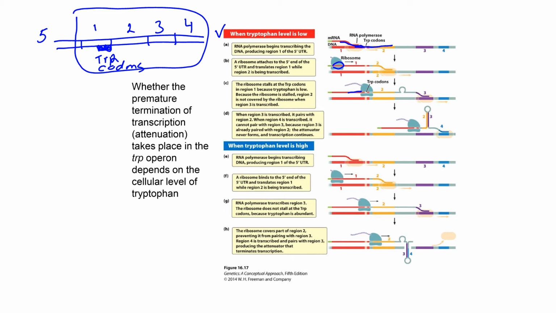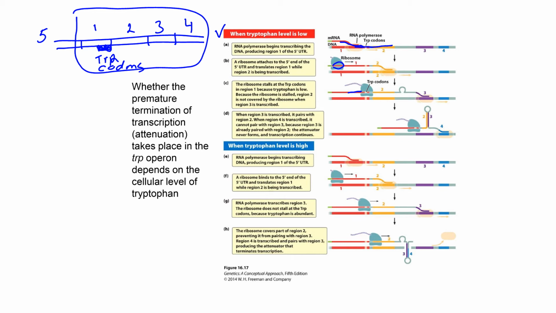The 5' UTR of the TRP operon encodes a short protein, which is however unstable. It seems like this protein's only function is to regulate attenuation. So even though the 5' UTR encodes a short protein, this protein is unstable and does not play a role in the structure or enzymatic metabolism of bacteria.